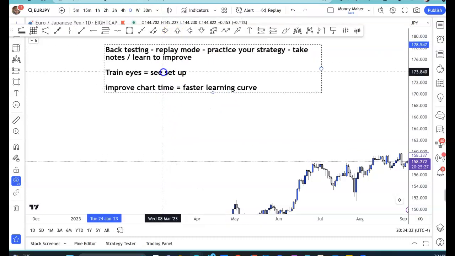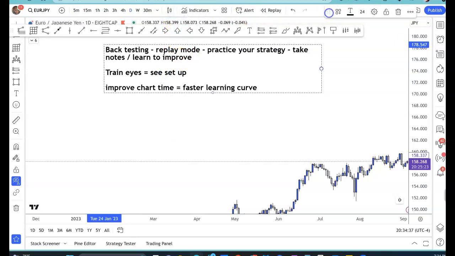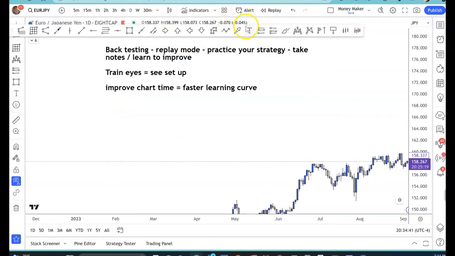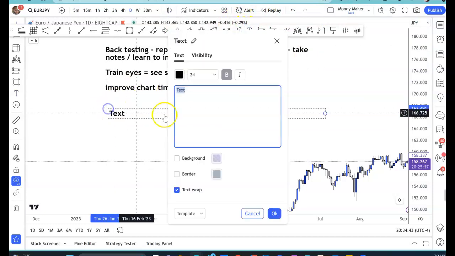Forward testing is when you have a strategy, you've honed in on it, and you're at a point where you understand what's going on, you see the setup, and you're able to call out what the market may do based on your strategy.